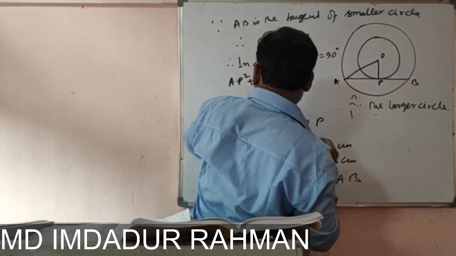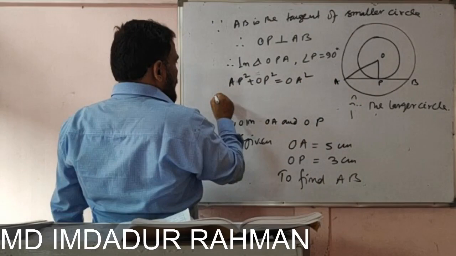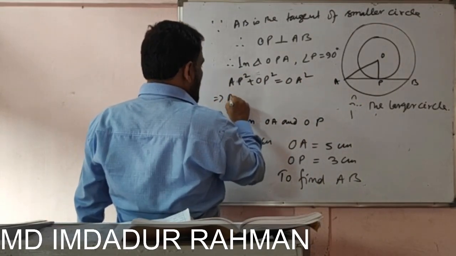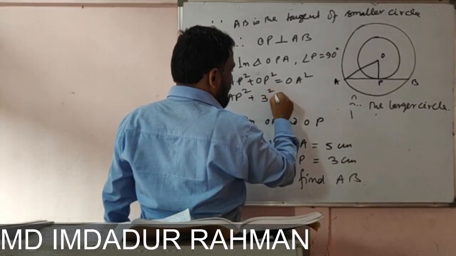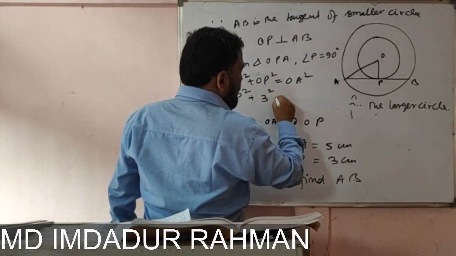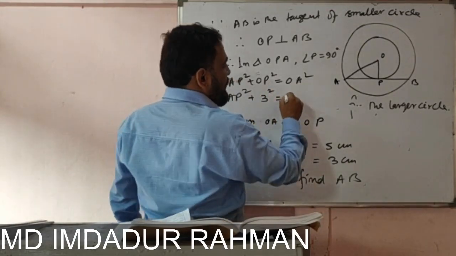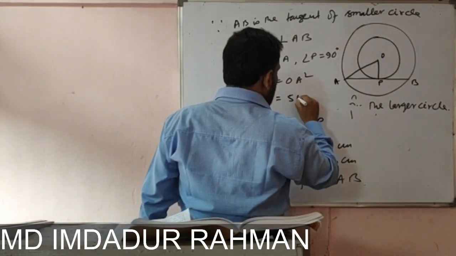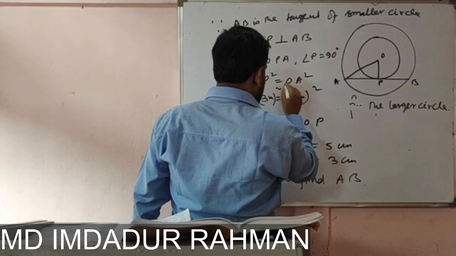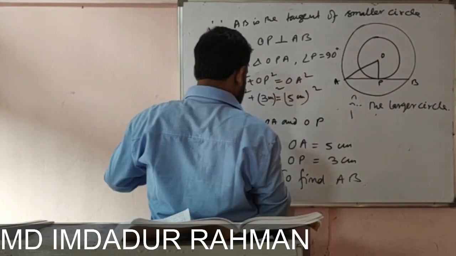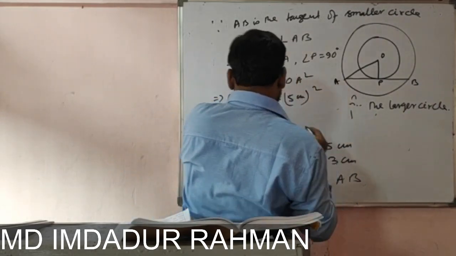AP is what? We don't know. Plus OP, 3 cm squared, is equal to 5 cm squared.